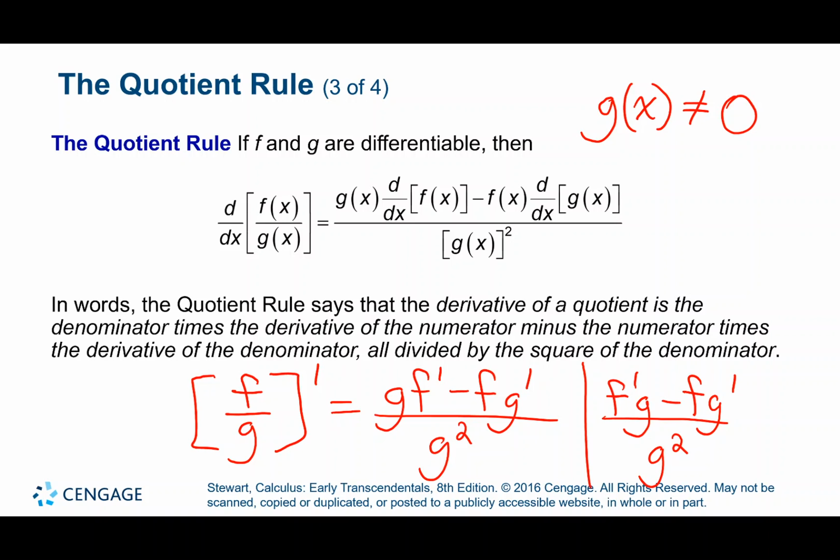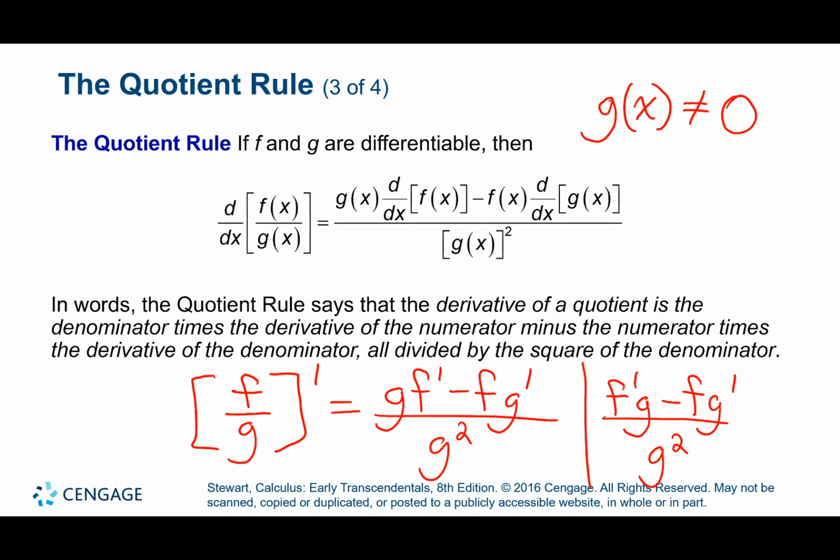So I remember product rule as f prime g plus f g prime, and then quotient rule f prime g minus f g prime over g squared. You get the same thing, switching the order.